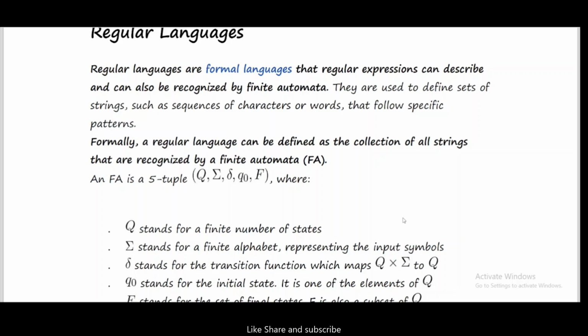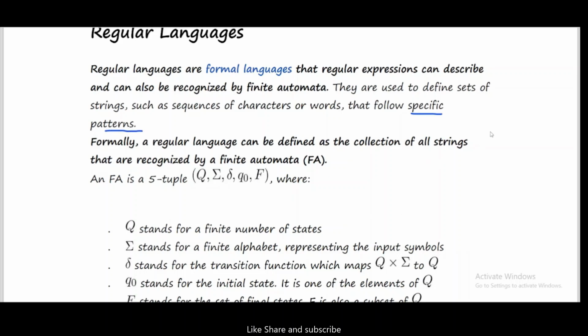So regular languages are formal languages that regular expressions can describe and that can also be recognized by finite automata. They are used to define sets of strings, such as sequences of characters or words, that follow some specific pattern. Okay, so focus on this: it follows a specific pattern.